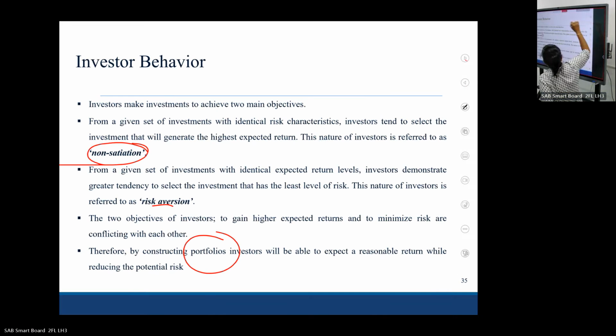So now what is a portfolio? A collection of different investments. I will give you a good example. If you put all your X in one basket and the basket falls, what would happen to the X?